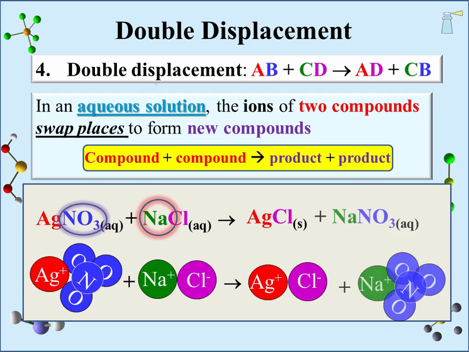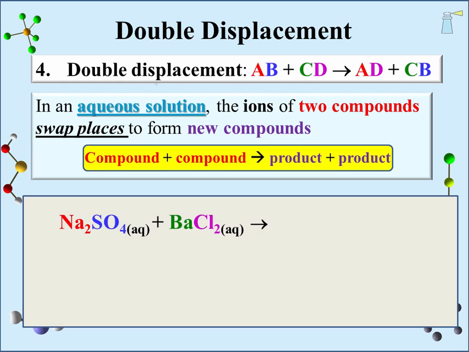They stay as dissolved ions in solution, as is noted with the aqueous subscript. Double displacement does not actually require that both products form stable compounds. At least one of the products has to form a stable compound. If mixing two ionic compounds in water does not produce a new compound, then there isn't a displacement reaction.